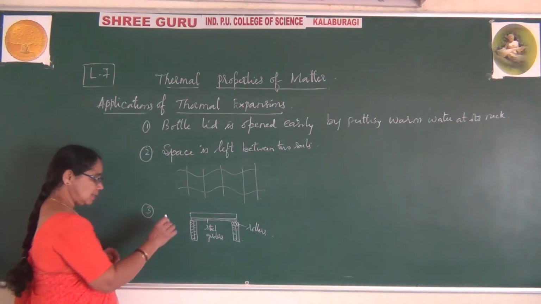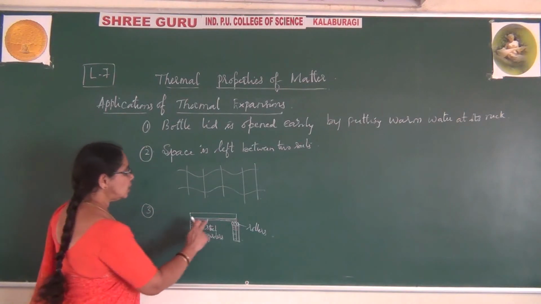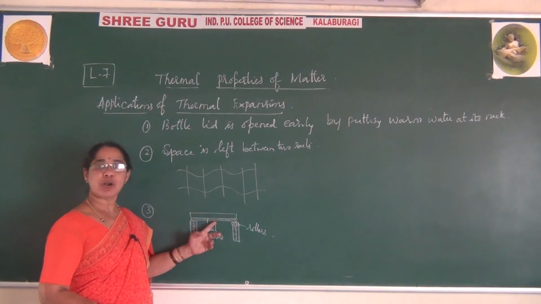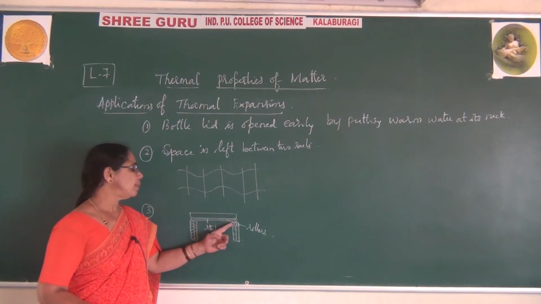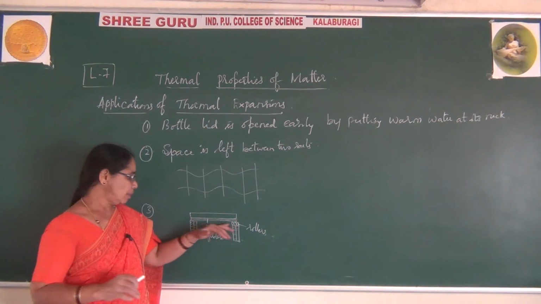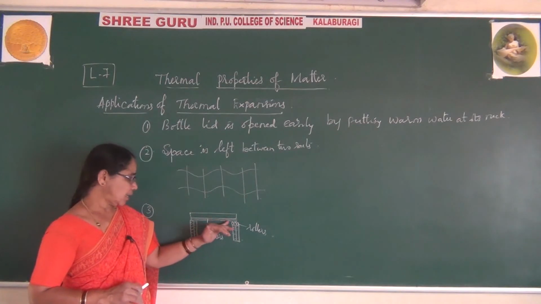So the bridges are always constructed with steel girders. They are made of steel, which is a metal; during summer it expands, during winter it contracts. That will be avoided by these rollers. As and when they move over these rollers, they remain comfortable.